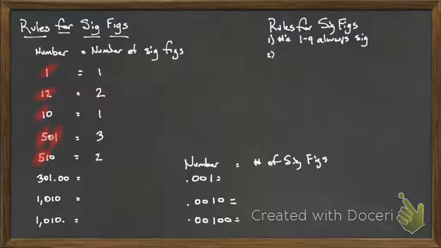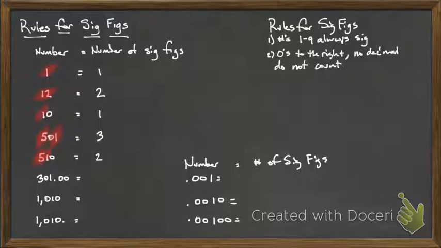So I'll add that to my second rule: zeros to the right, no decimal, do not count.